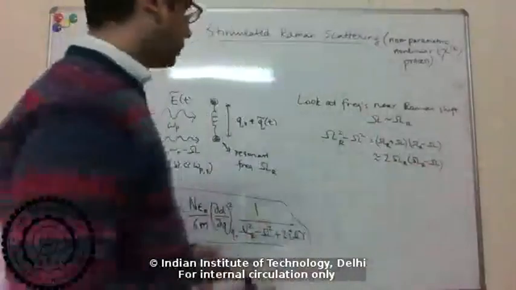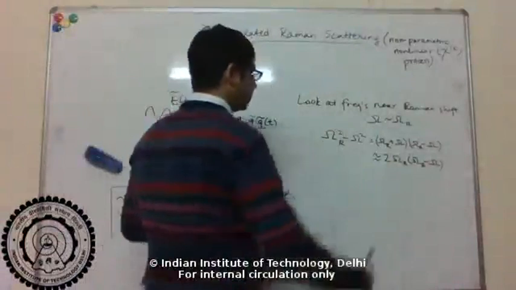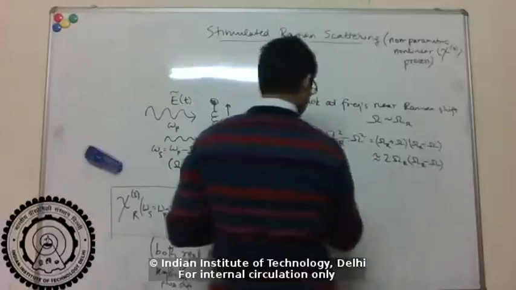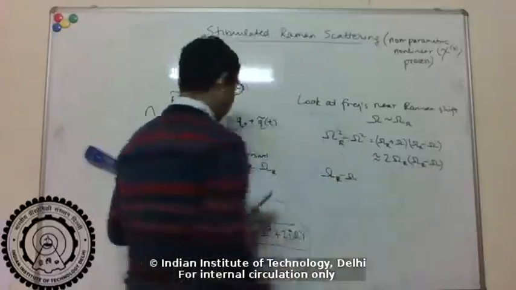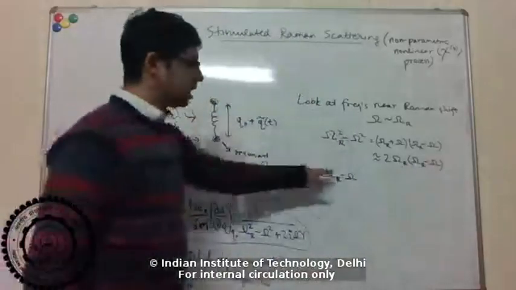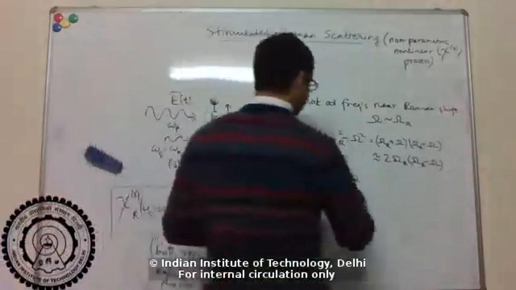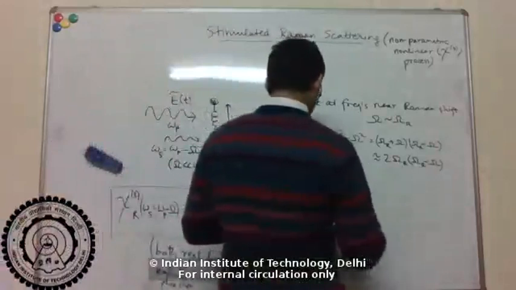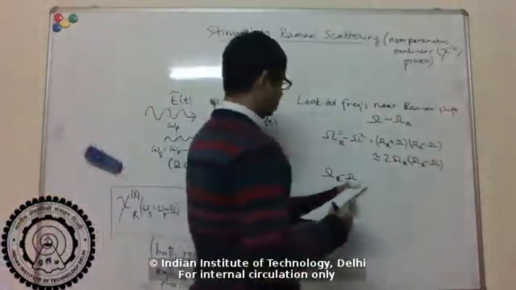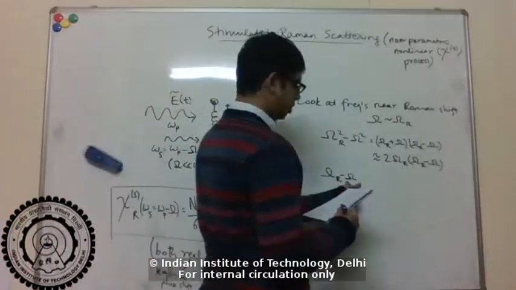It's some sort of linearization, right? And this omega r minus omega. So what is omega r? Omega r is a material constant, for a given material, the natural frequency of vibration. And then omega we know, I can write it as omega p minus omega s.